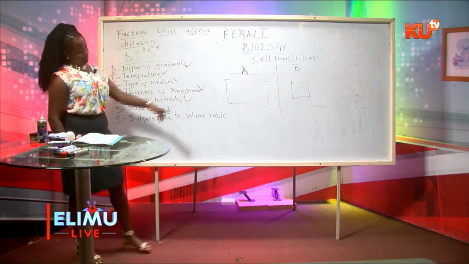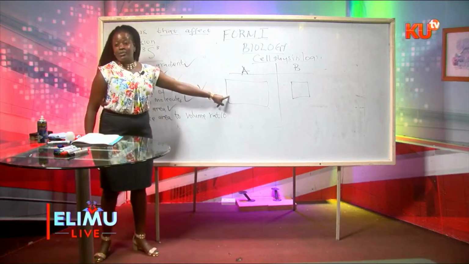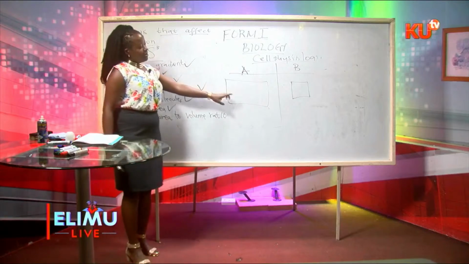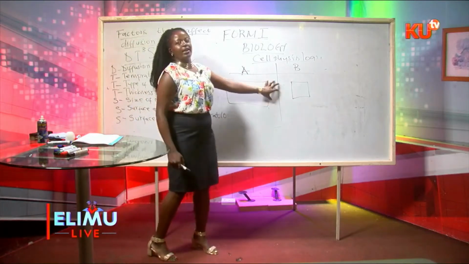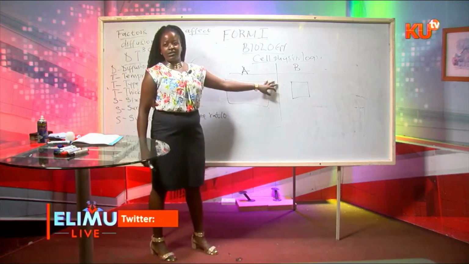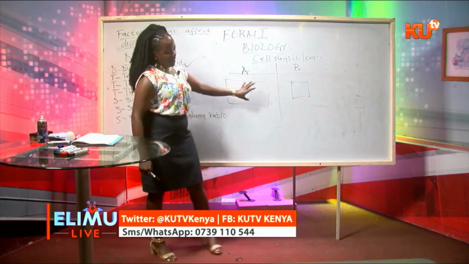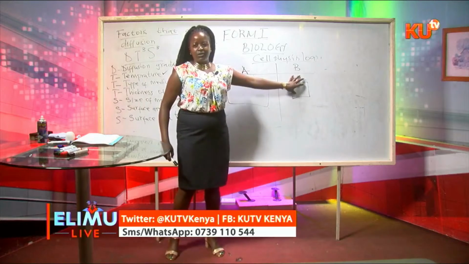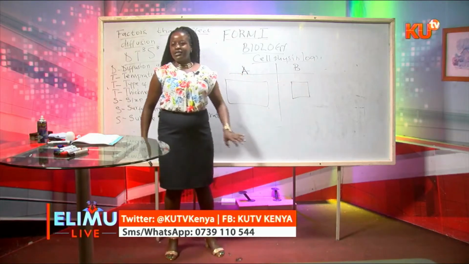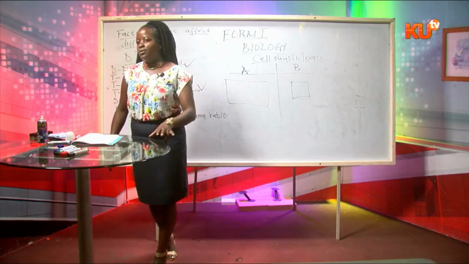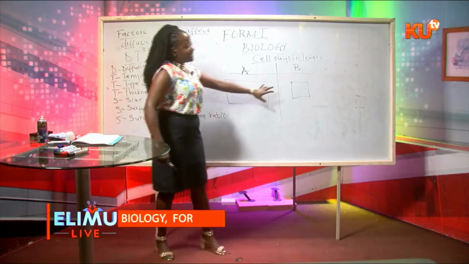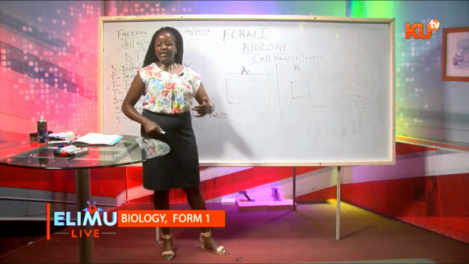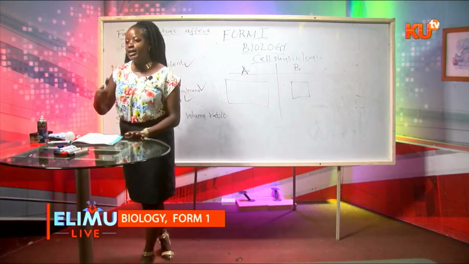So the rate of diffusion will be high where the surface exposed is large, because a lot of molecules will be able to get to their region of low concentration. But where the surface area exposed is small, the rate of diffusion will be low. This is because a lesser area has been provided for diffusion to take place.